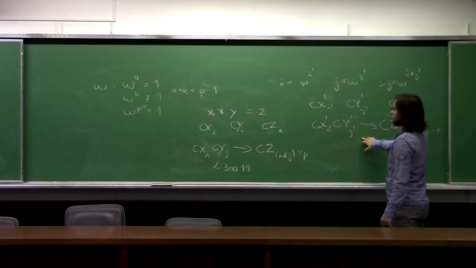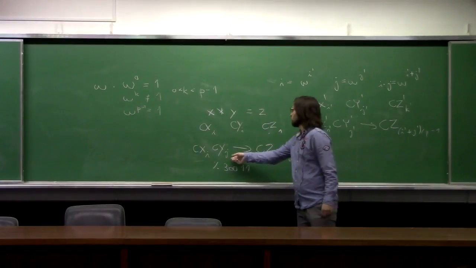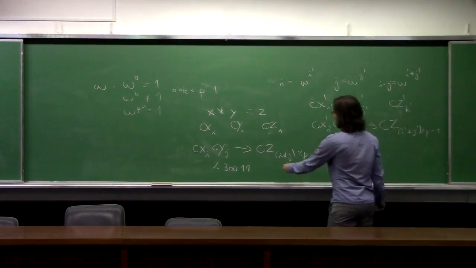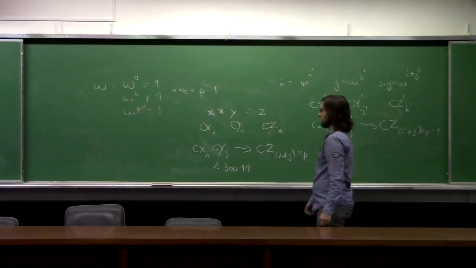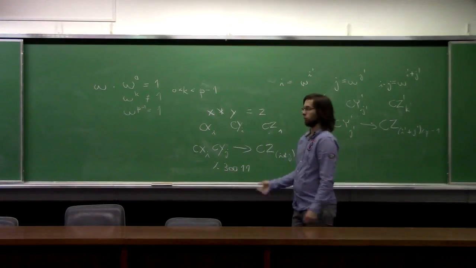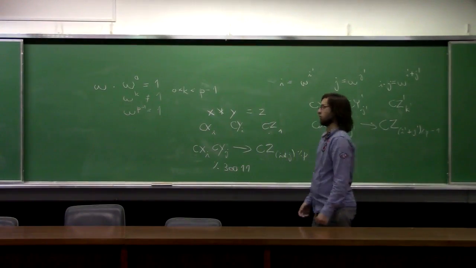This formula works only for i and j non-zero, so that this would be also non-zero. And if we want Cz0, then we just take the sum over all i equals 0 or j equals 0, but this is just computable in linear time.